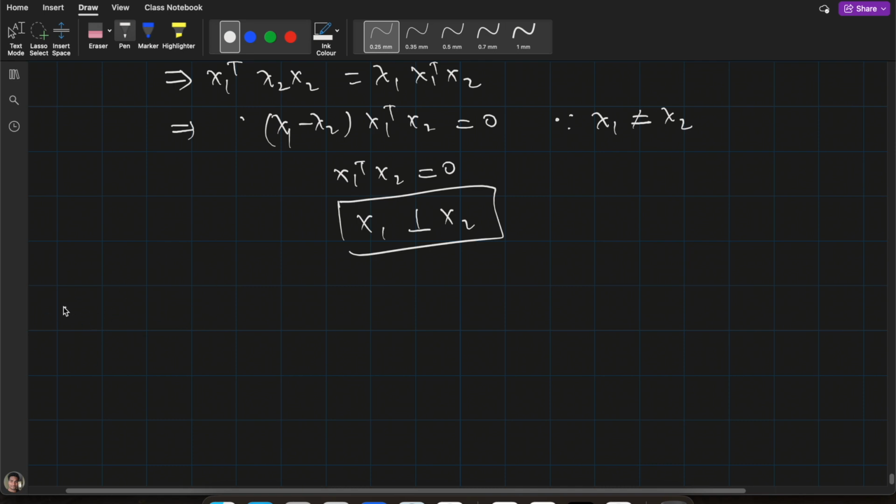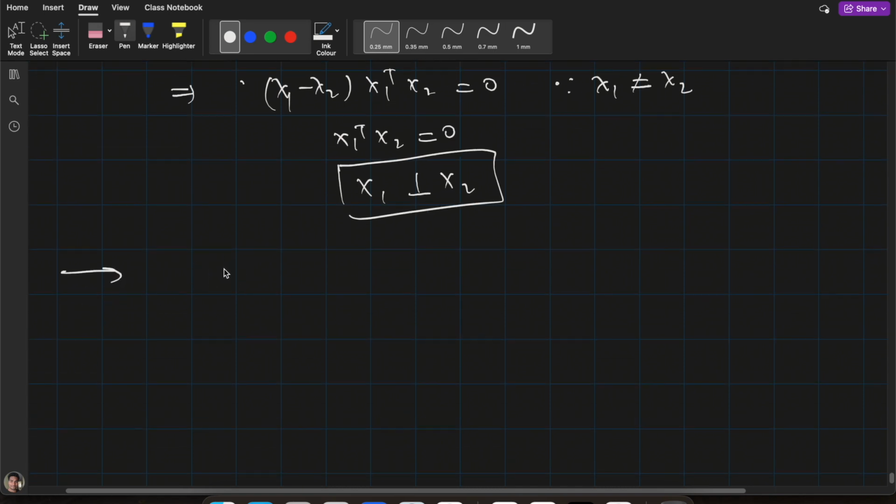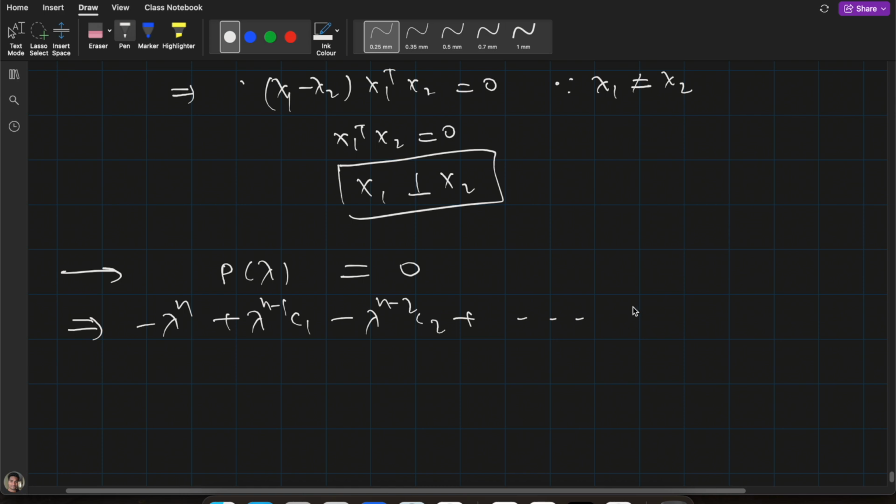Okay, now let's take another thing. I know the characteristic equation P lambda equal to 0, and what is it? Minus lambda n plus lambda n minus 1 c1 minus lambda n minus 2 c2 plus cn equal to 0.